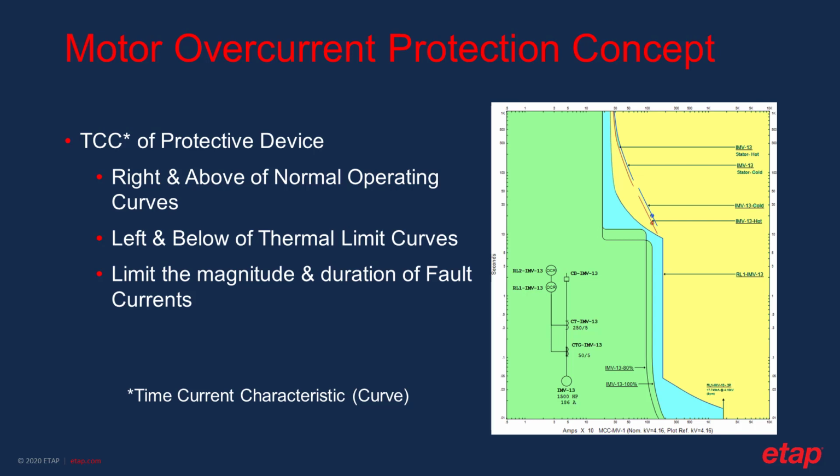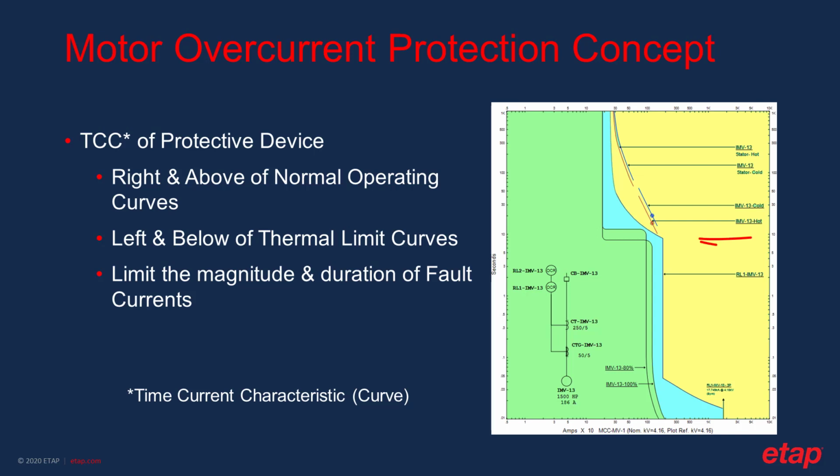But at least you may predict or guess this stall point, these two damage points, which is the maximum withstand capability or thermal limit capability of the motor at locked rotor current. For the NEMA motors, typically this is 20 seconds. And for the IEC motors, this is typically 10 seconds. You need to verify this information with the manufacturer, but if there is no other source, that could be used as the typical value.